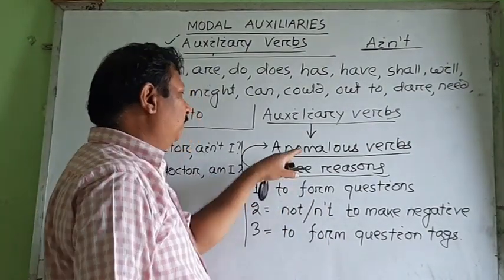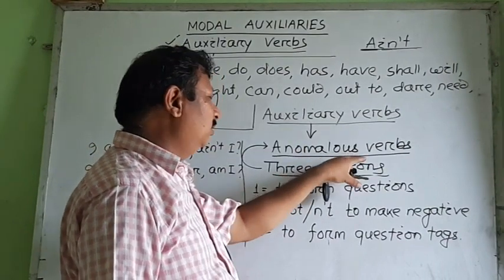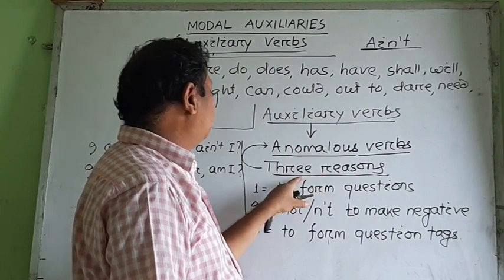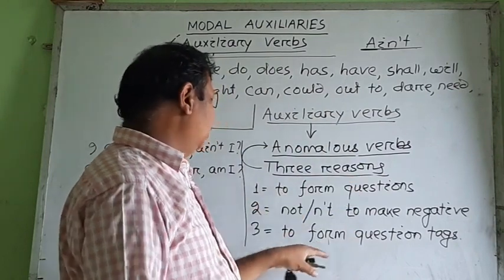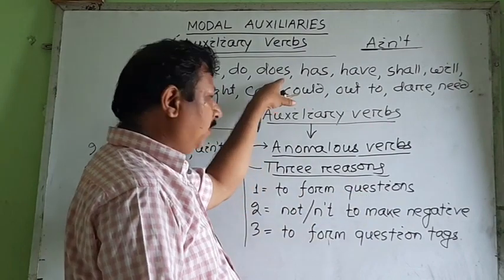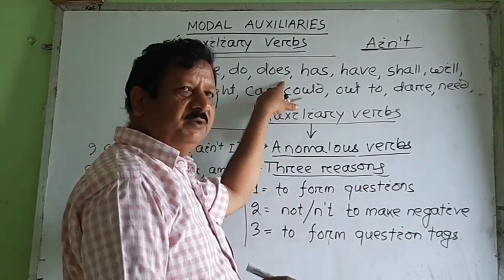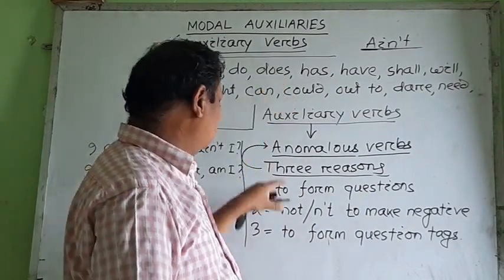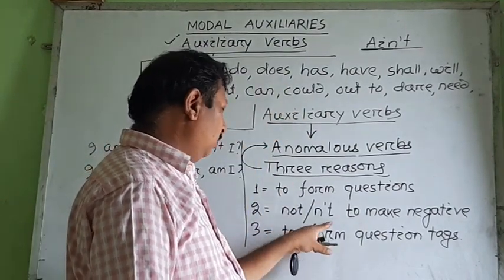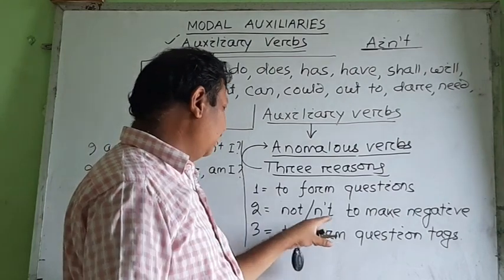Let us now come to our topic, the anomalous verbs. Why are they called anomalous verbs? Because of three reasons. Number one, to form questions. These verbs are used before the subject to make questions. Number two, we make them negative by putting not or n't in its contracted form.